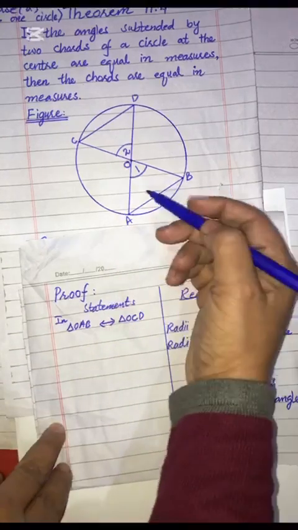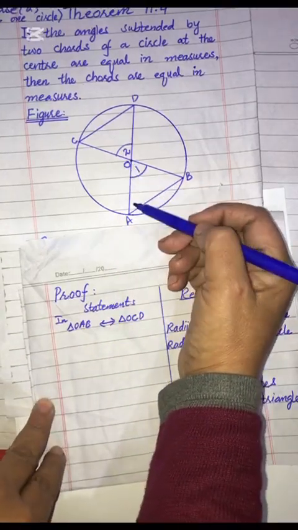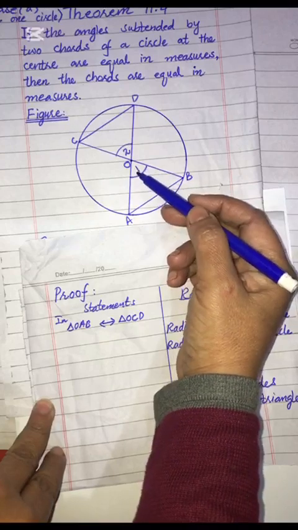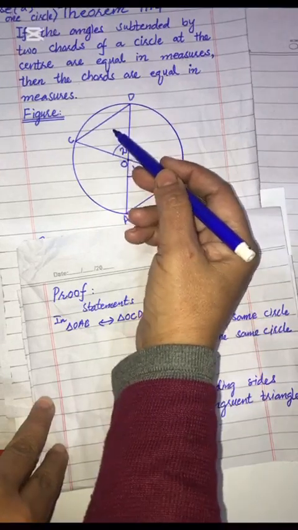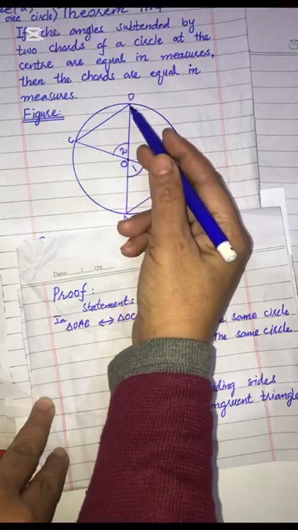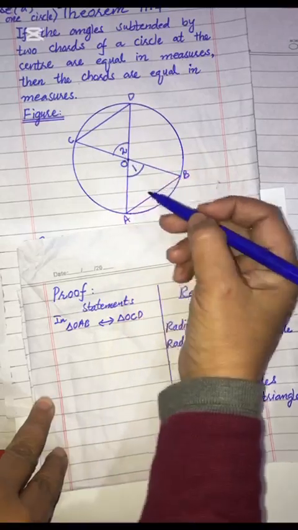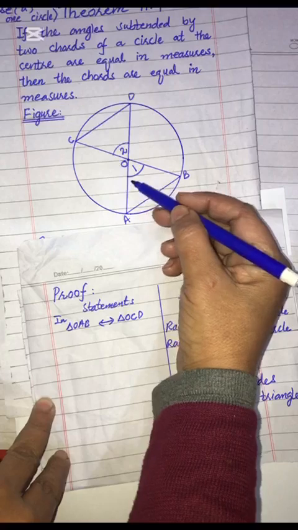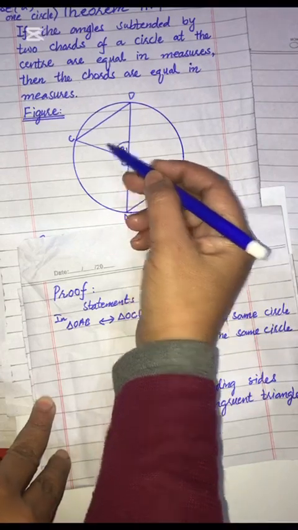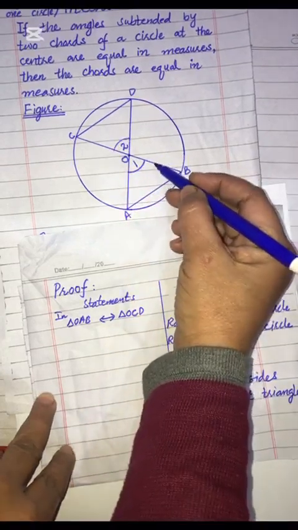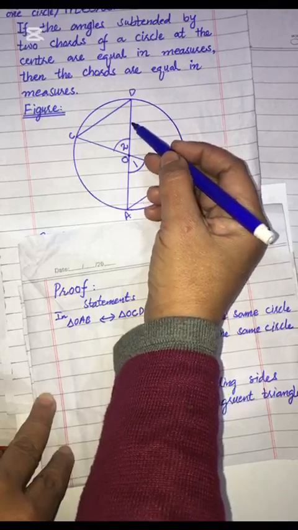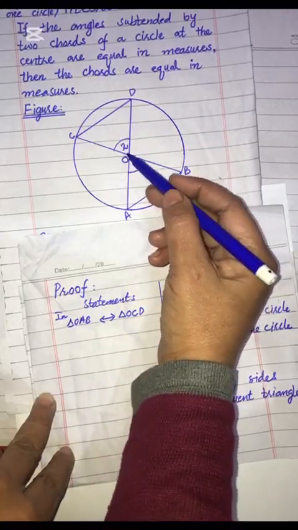So here we are having OA, OB and angle 1, and in this triangle we are having OC, OD and angle 2. See, OA is congruent to side OC, and in this triangle OB is also congruent to OD. Why these are congruent?